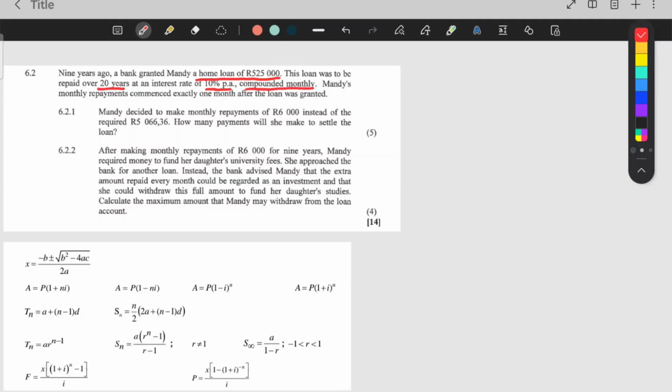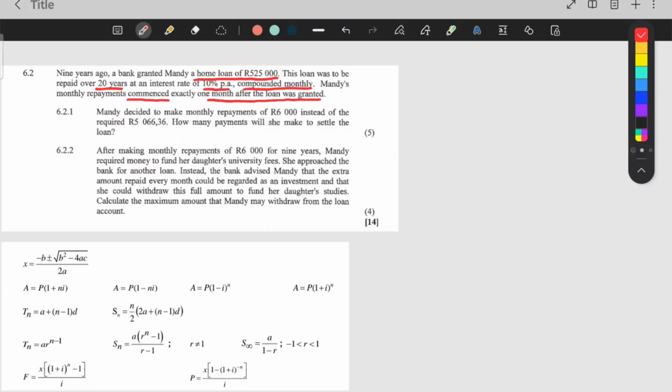Mandy's monthly repayments commenced exactly 1 month after the loan was granted. That's normal, it's normal to start paying the loan 1 month after you take out the loan. 6.2.1 says, Mandy decided to make monthly payments of 6,000 Rand instead of 5,066 Rand and 36 cents.